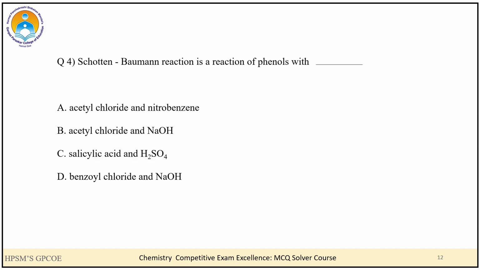Moving on to the next question 4. Schotten-Baumann reaction is the reaction of phenols with dash. Options are acetyl chloride and nitrobenzene, acetyl chloride and NaOH, salicylic acid and sulfuric acid, benzoyl chloride and NaOH.